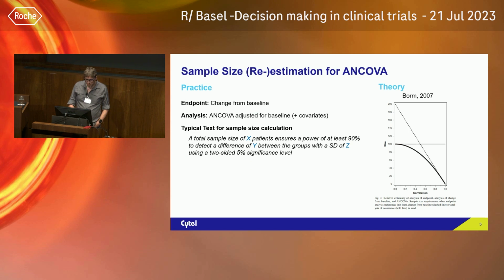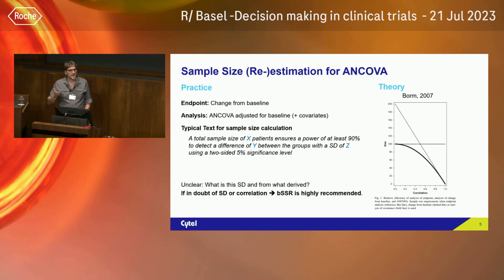So often it's not really clear where the standard deviation comes from. Sometimes this was done a long time ago, before the trial actually started, and it's not really well documented. And if you have a doubt about your correlation between the baseline and your at-visit value, then blinded sample size re-estimation might actually be a really good idea.